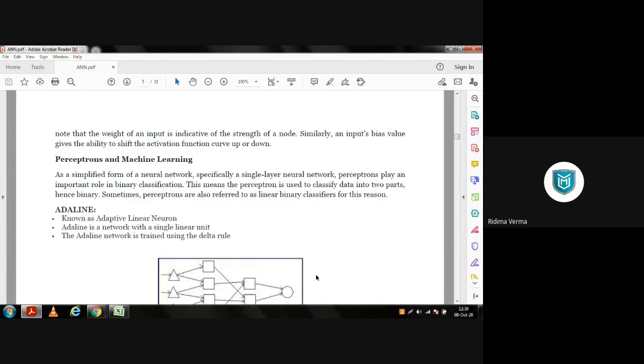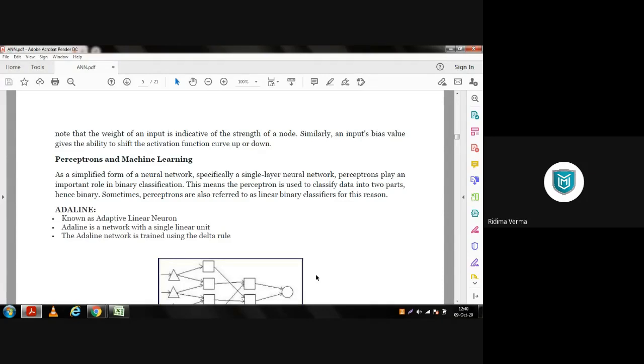It is important to note that the weight of the input is indicative of the strength of the node. So this thing we already know. The weight determines the strength of the links between our nodes. Yes, it ranges from 0 to 1.